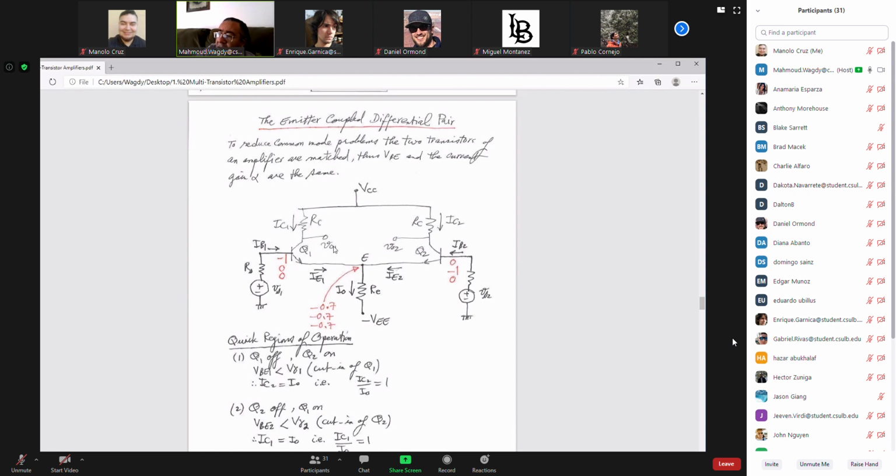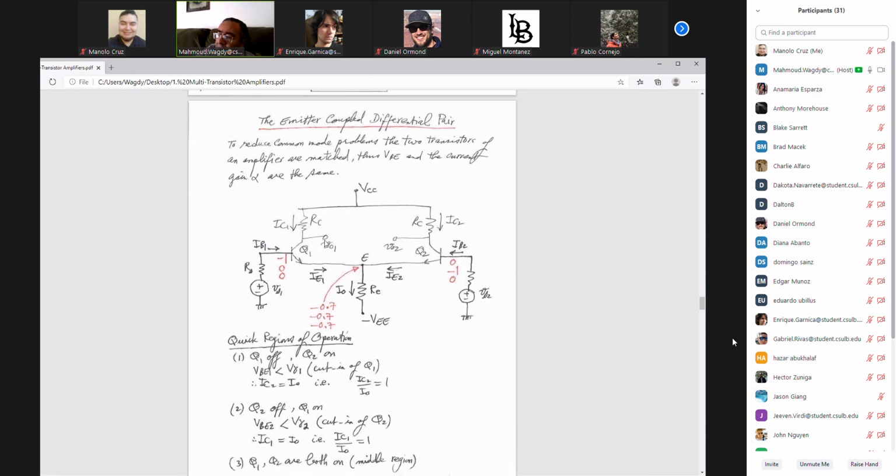If you take the output from V output 1 and ground, that's called a differential input single-ended output situation. You can take the output from here too.